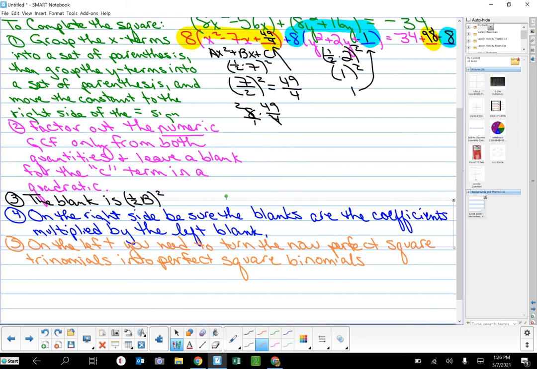And the way you do that is you're going to factor that. It's going to be squared. The first term is going to be the root of the ax squared term. The second part of your binomial is going to be the root of the c term. And then you're going to have a plus or minus, and that sign is going to come from the b term.